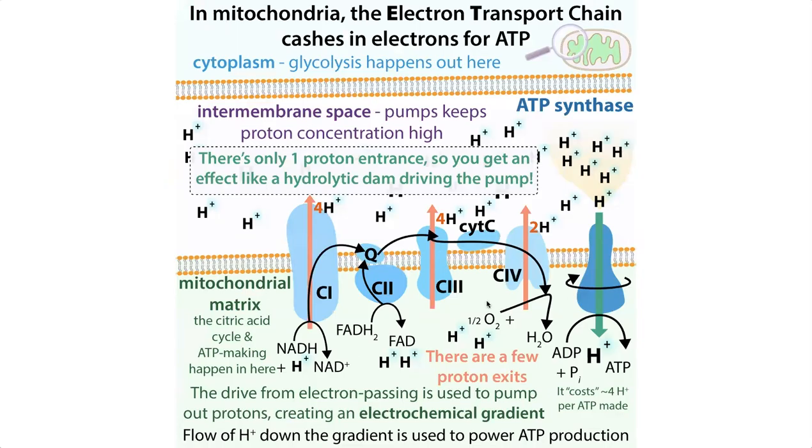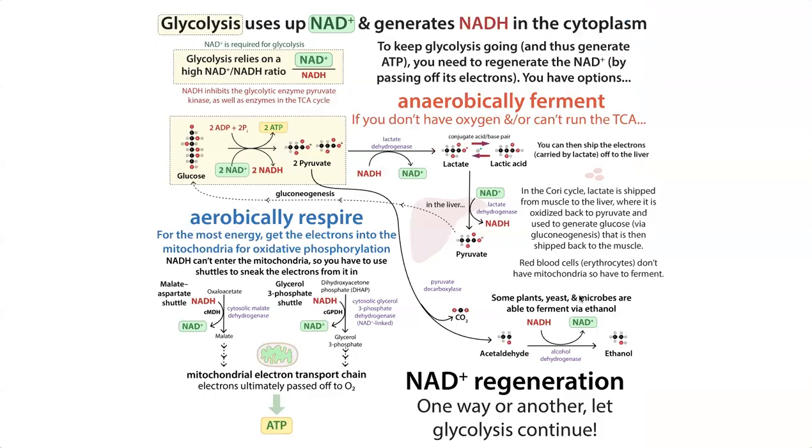If we don't have oxygen, the electrons can't get passed. If the electrons can't get passed, protons can't get pumped. If protons can't get pumped, ATP can't get made because you can't make your gradient to power the synthesis of ATP. Therefore, there are mechanisms by which we can regenerate NAD+ without oxygen present, that is, anaerobically.